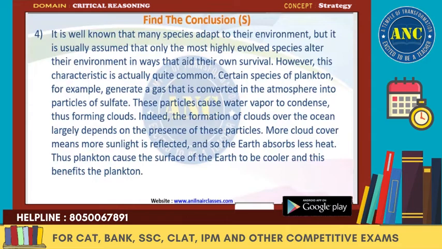So if you look at the paragraph, when you say that certain species of plankton, for example, generate a gas that is converted in the atmosphere into particles of sulfate, now this is a fact. Again, when you continue reading, these particles cause water vapor to condense, thus forming clouds.